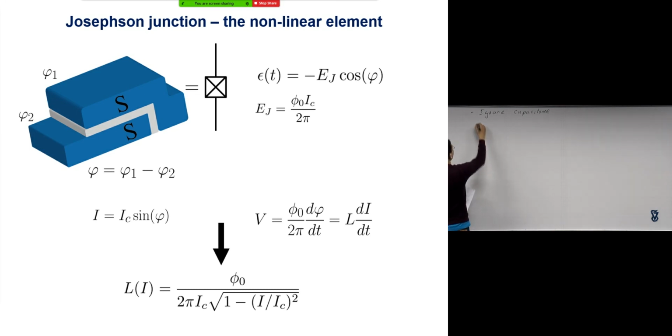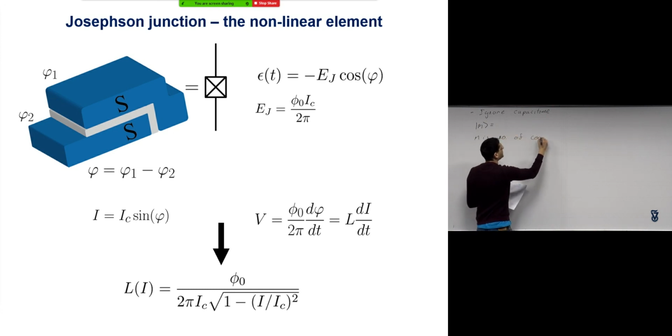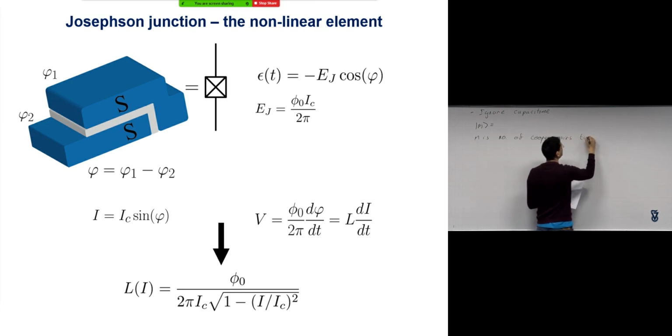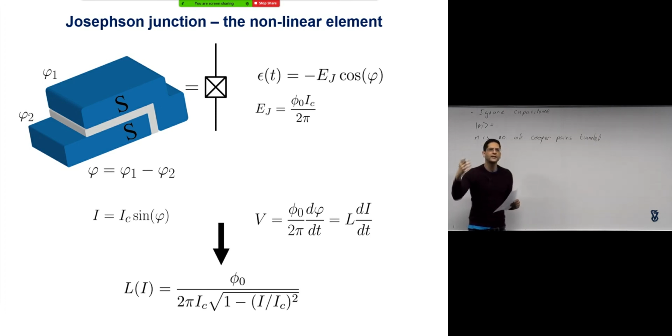So you can define these states, let's call them M. Again, this is a toy model, but it works pretty well, and it gives a very good description. M is going to be the number of Cooper pairs tunneled, the number of Cooper pairs that tunneled from one superconductor to the other.